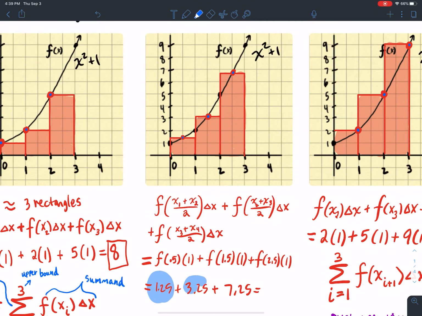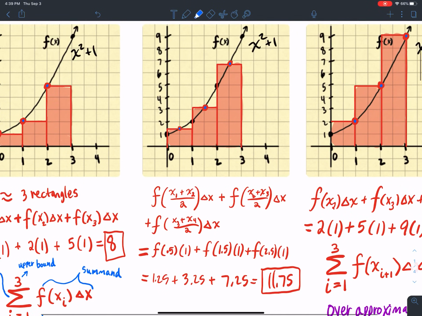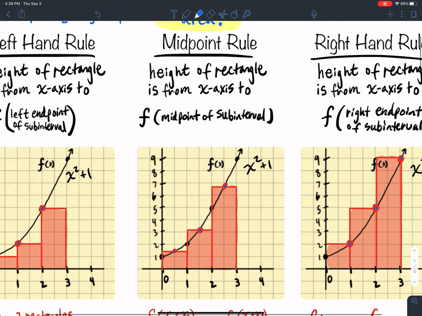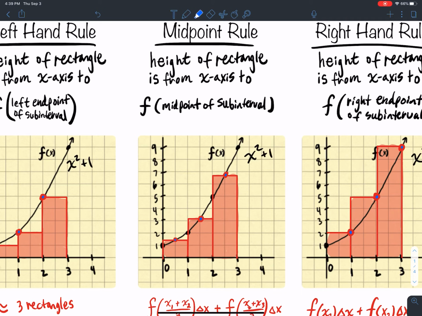Now if I add these three things together, that's going to be the area of each rectangle. That produces 11.75.